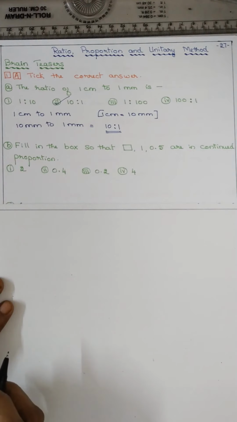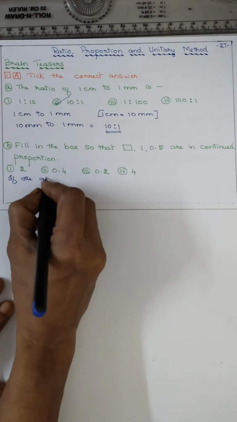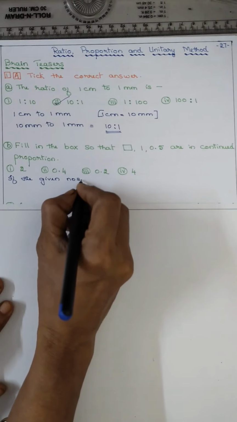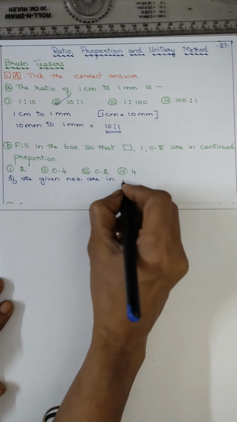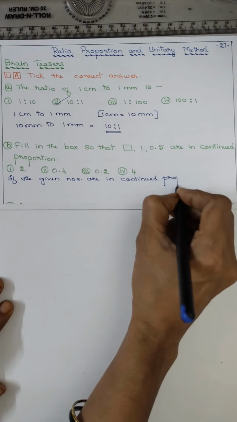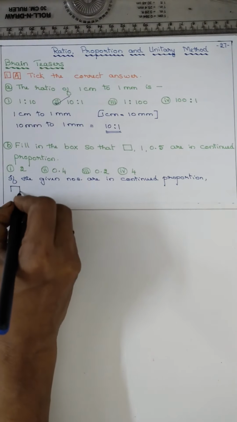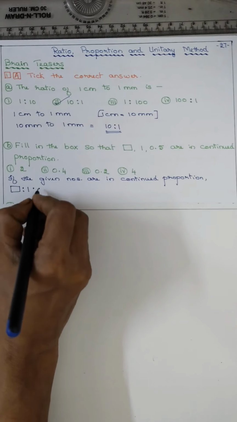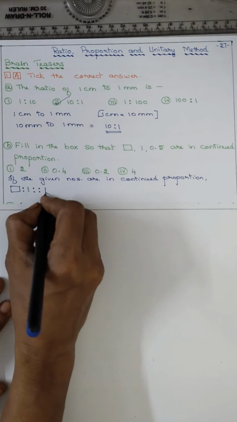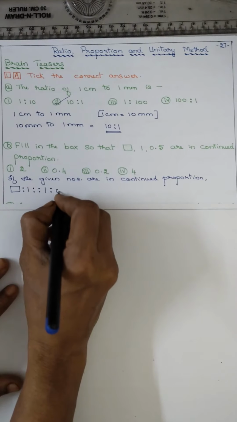So you know, if the given numbers are in continued proportion, it will be box is to 1 in proportion with 1 is repeated, isn't it? Second term is repeated, is to 0.5.